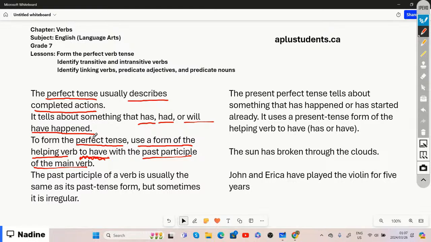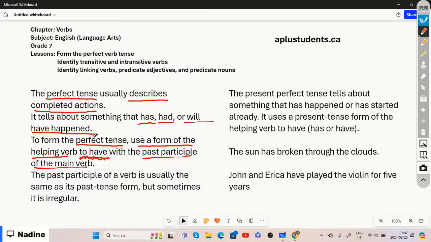And remember, our main verb is the action, for example, jump, sing, play, dance. That is our main verb. Then our helping verb is usually the word before that verb. It helps the verb to show the action.